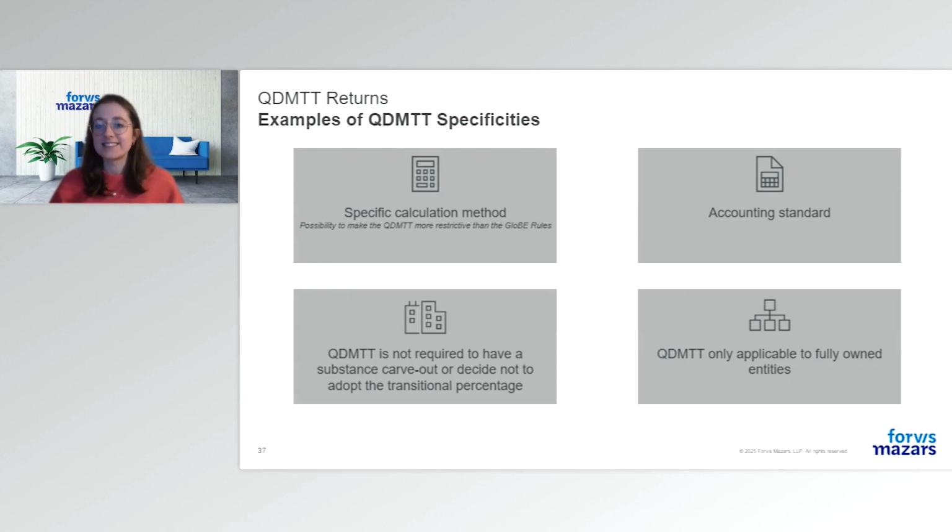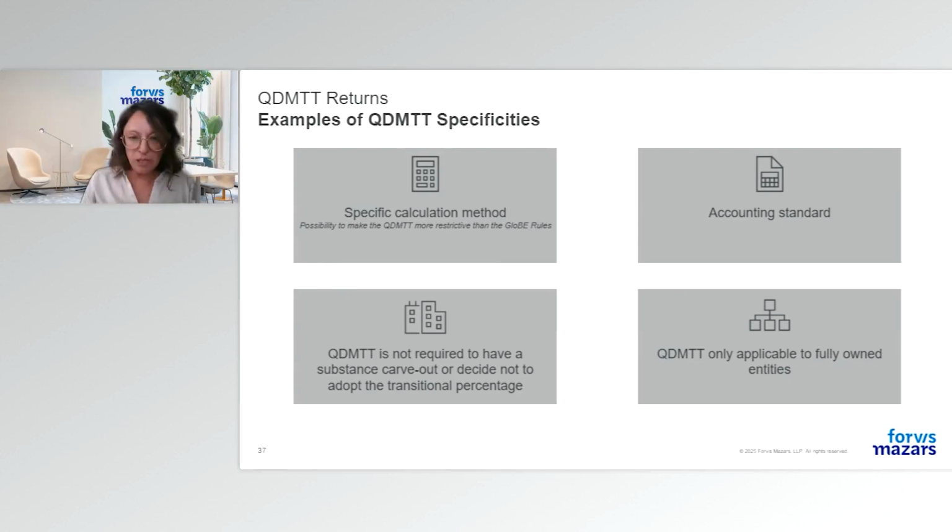And I think I will reply to the polling question. So do we have to file a QDMTT separately, or is there an option within the GloBE information return, like a box that we can tick? As we can see, the QDMTT may have specificities in terms of calculation. So you will have to compute the QDMTT and compute your IIR and file the two returns.